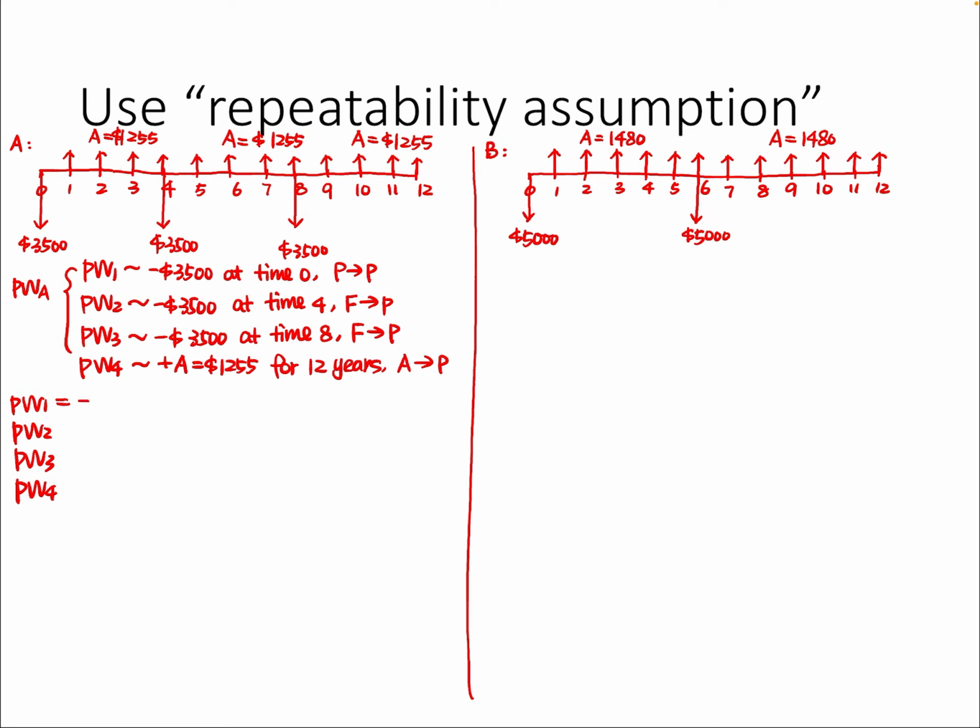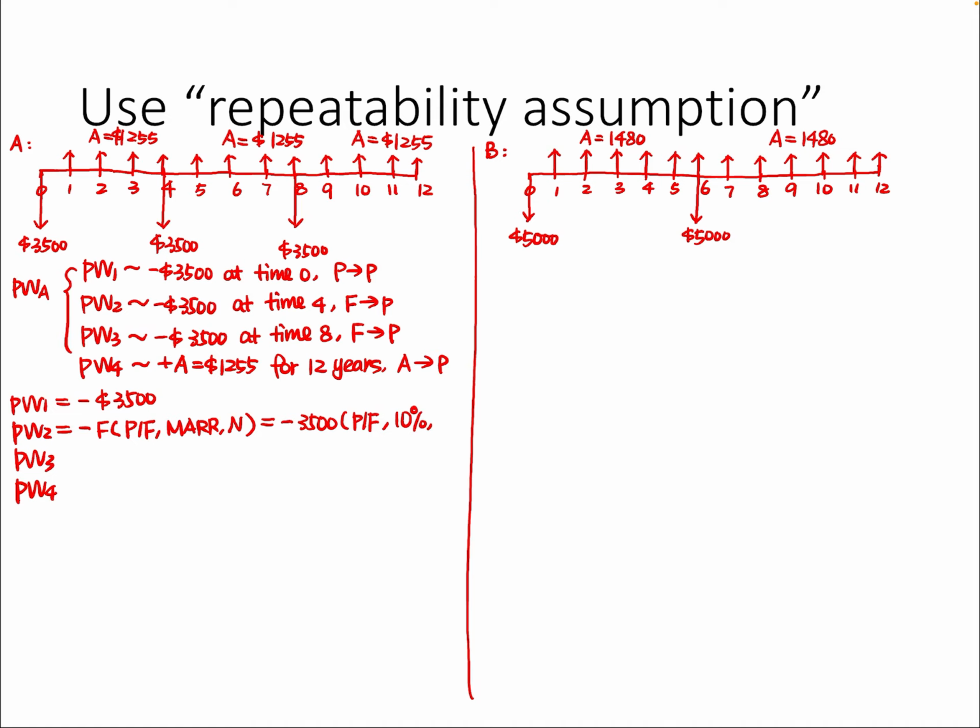Okay, PW1 you don't need to convert because it's already present value. So just copy that value here. PW2 you need to use the formula to convert future value to present worth, which is F times P/F, MARR and N. So that is 3,500 times the P/F 10%.